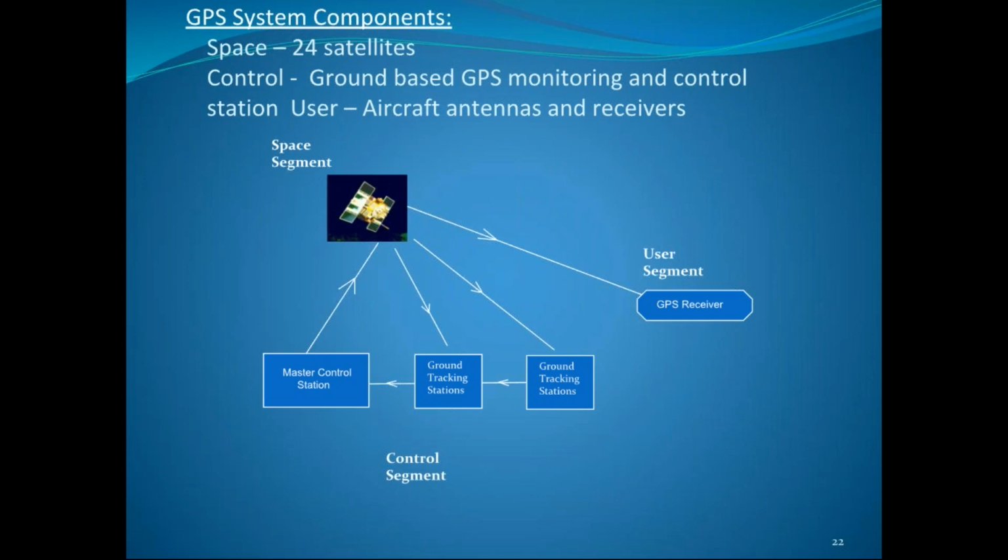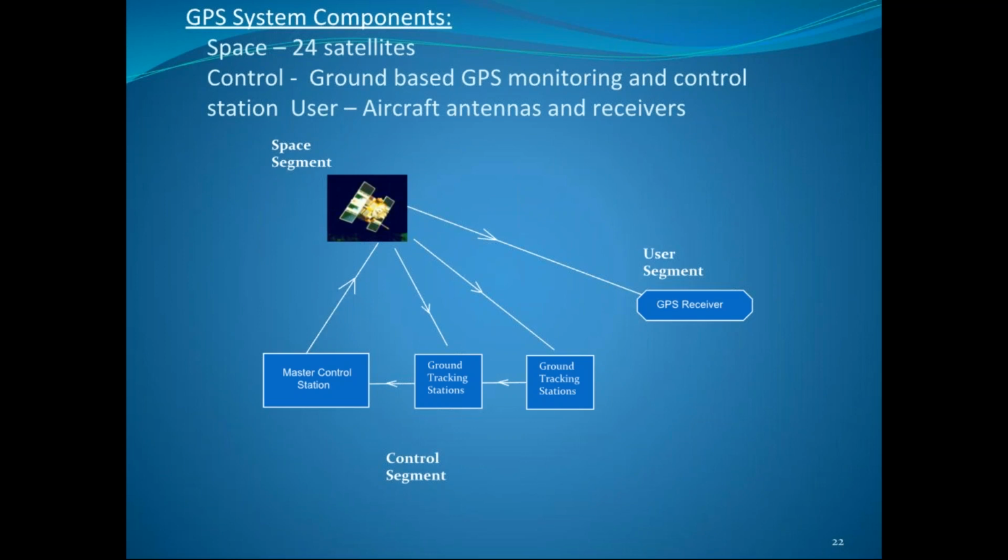The GPS system consists of 24 satellites. It's got ground-based stations still that monitor and control the satellites, and then the user aircraft antennas and receivers receive the signal and triangulate the position, like we said before.